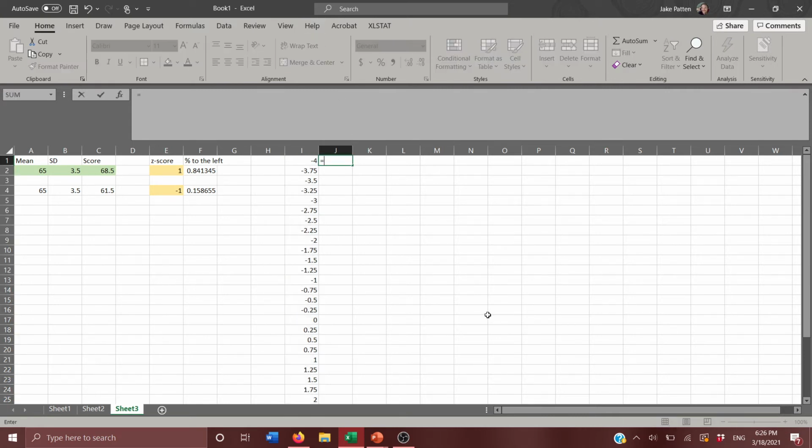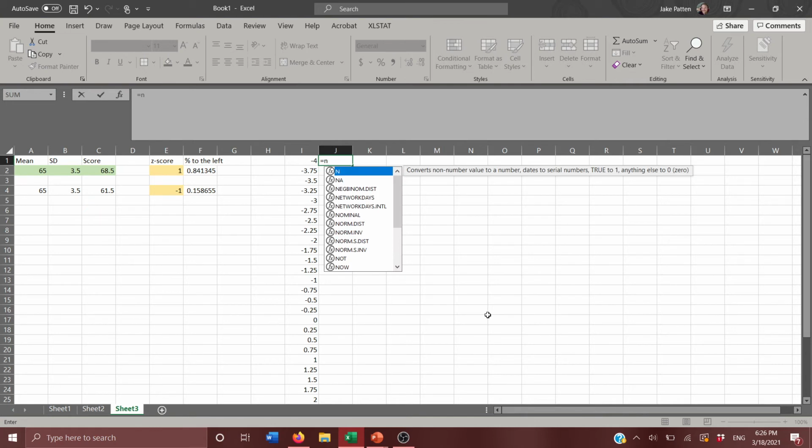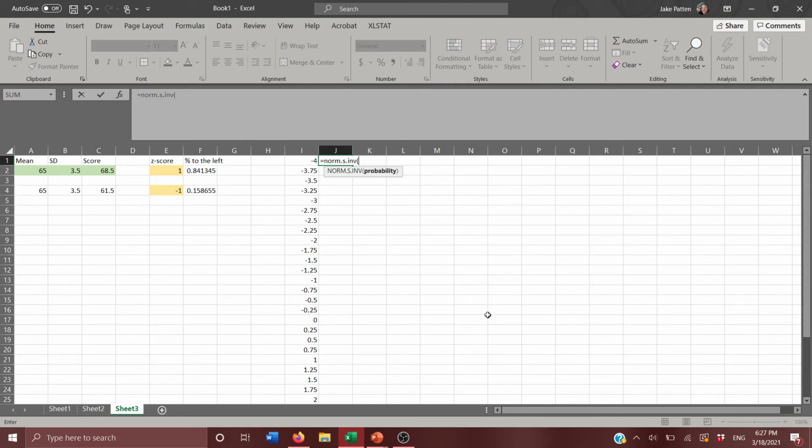Okay, now this is when you're going to do what I was trying to do earlier, norm.s.inv, and then see how it just says probability. All we need to do is throw this probability in there. Hey, what? Let me double check with something I made earlier.